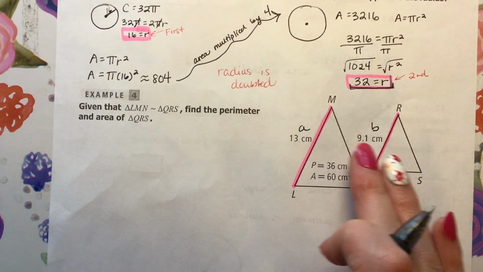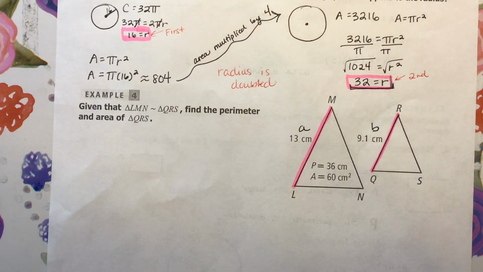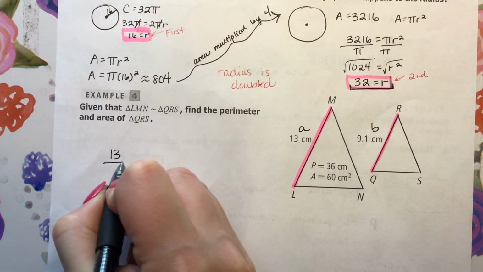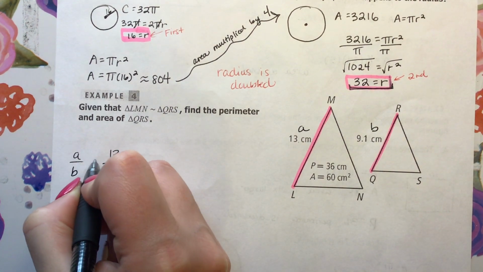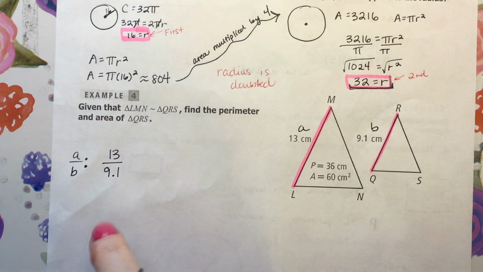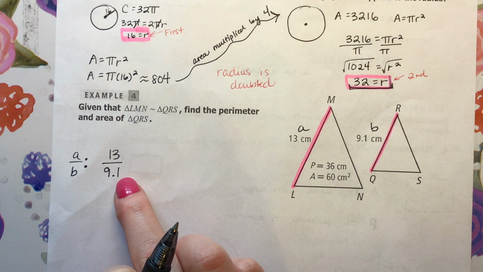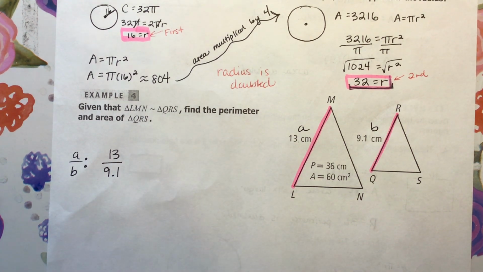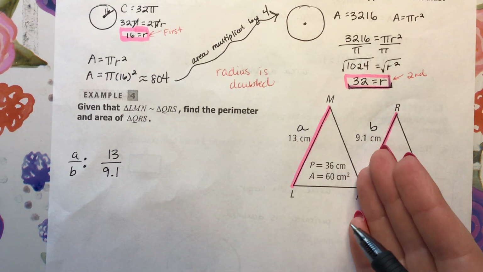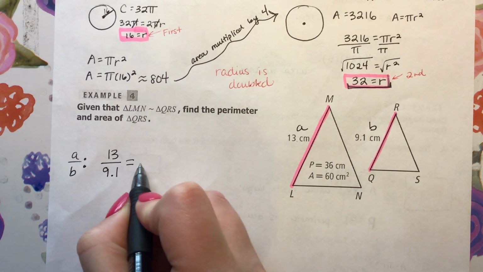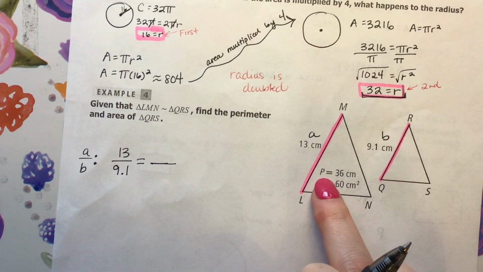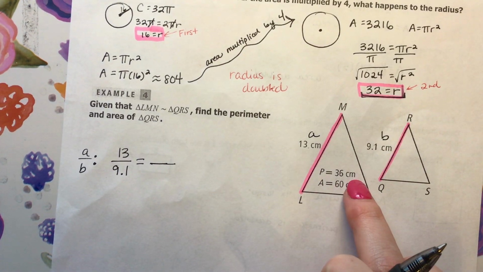So I'm going to have it 13 over 9.1. And I'll go ahead and say A over B right here. So 13 over 9.1, and we want to set up a proportion. So when 13 over 9.1 is our similarity ratio, let's set that equal using our perimeter. So this one says the perimeter is 36.